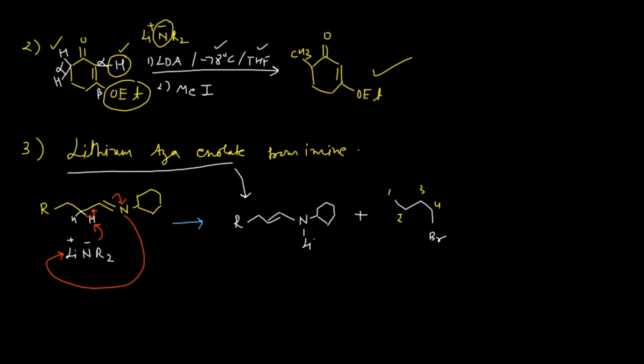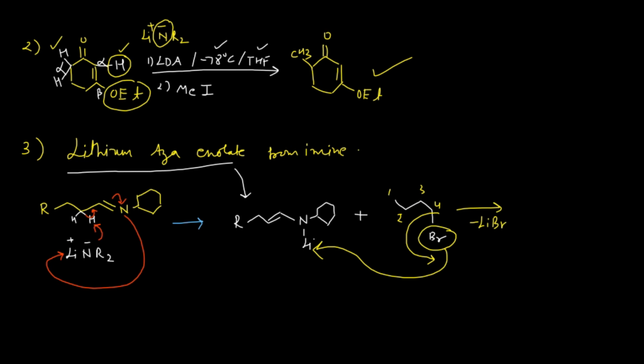Okay, so what will happen in that case, you know, this Br is a very good leaving group, so this will leave from here. And how this will leave from here is something very, very important. So this group will leave along with this electron pair, that means it is going to grab this lithium. So minus LiBr would be there.